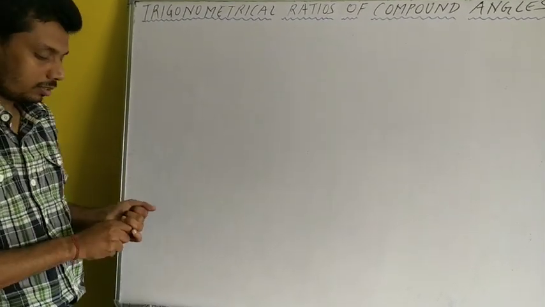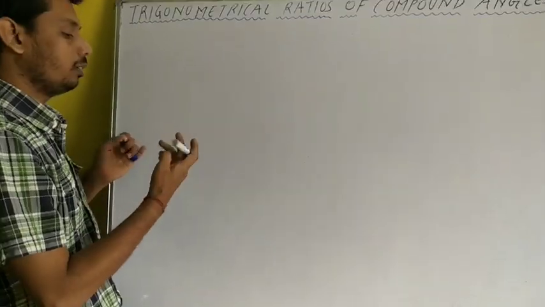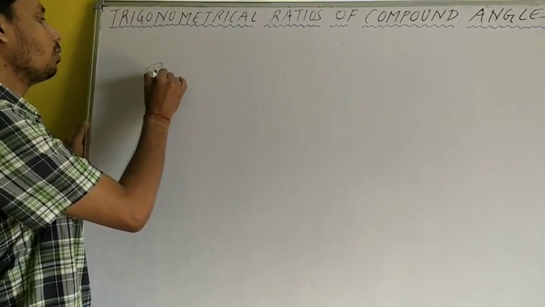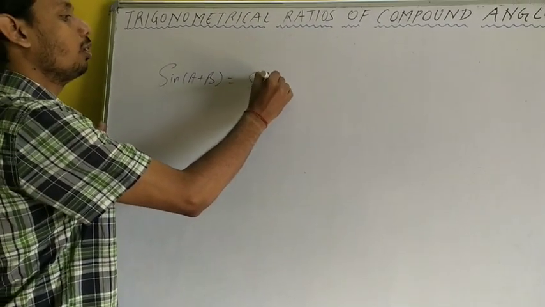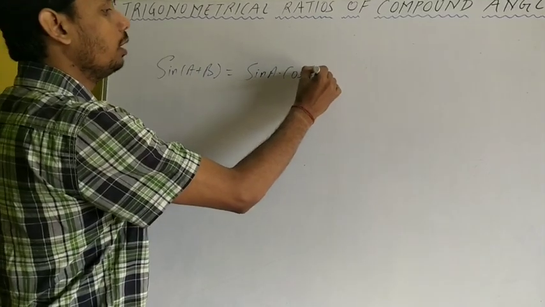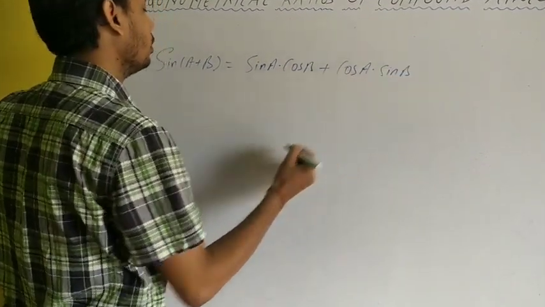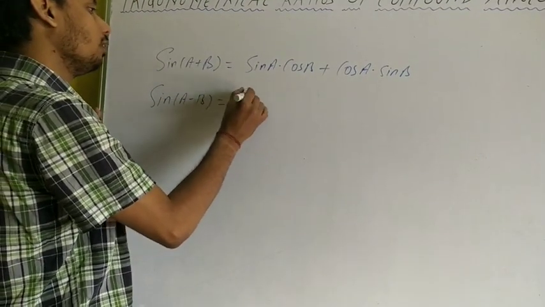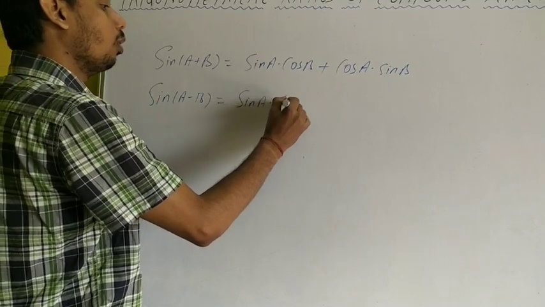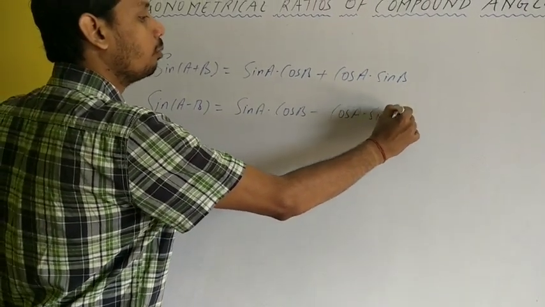Now, in the previous video we discussed the derivation of sine of a plus b. That was sine a cos b plus cos a sine b. Sine a minus b: sine a cos b minus cos a sine b.